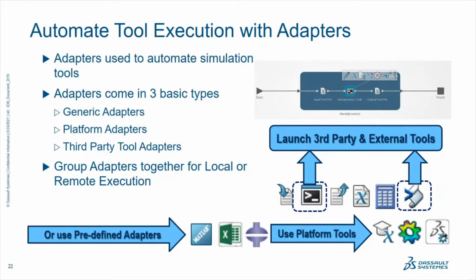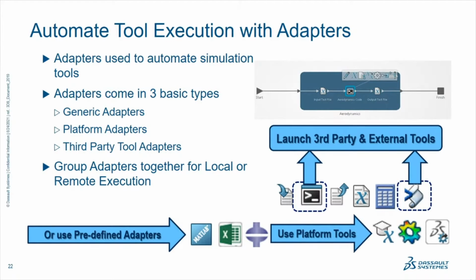And last, we have some predefined adapters that work with third-party tools. There's a MATLAB adapter that works with MATLAB programs. Excel is a very commonly used tool for doing some calculations and tracking some information, so we have an adapter that works directly with Excel as well. And we have one that works with Abacus, which is a finite element tool that Dassault provides as well.